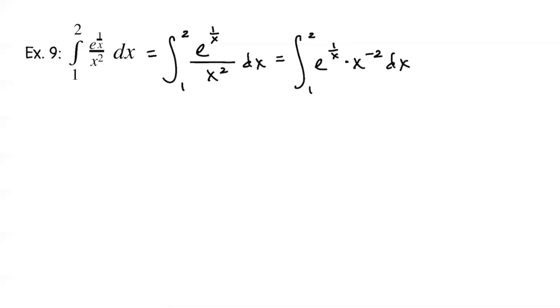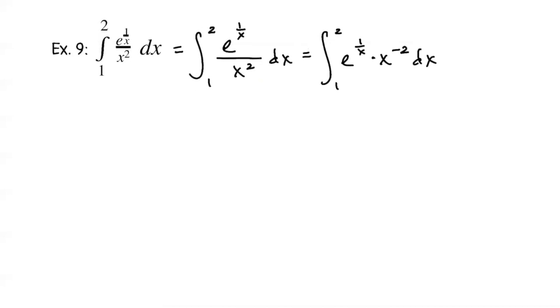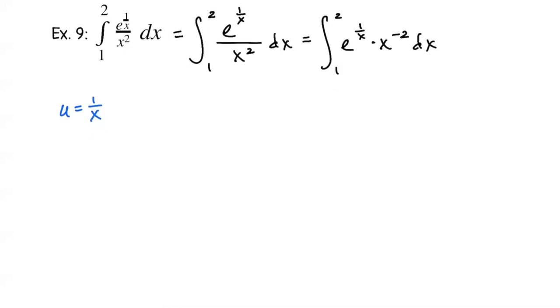I know that this next step, I would never expect you to do this next step, but to help us see where this idea of U-sub comes into play here, I think it might be beneficial. So a good guess for you might be the thing in the power, right? So e to some power, that power happens to be 1 over x. But I know I'm taking a derivative, so maybe it's helpful for me to write it with the power visible. So when I find my du, I get negative x to the negative 2 dx.